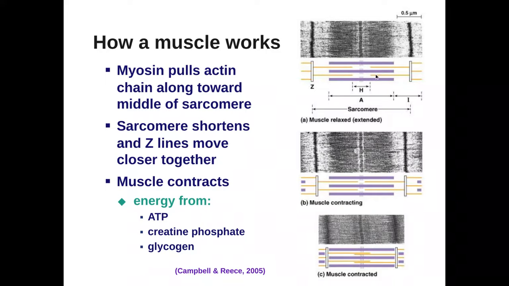Here we have the actin, and as you see, this is the start. And if we compare that to the muscle contracting, eventually gets contracted fully, you can see those actin filaments have actually even slid past each other. So the Z line, essentially those Z lines are going to move closer together, and that muscle will contract.